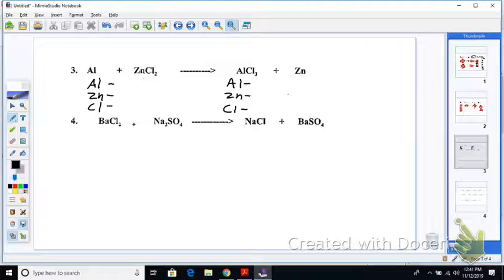So on the left side you've got 1, 1, 2, and on the right side what do you have? 1, 1, 3. Okay, so what will happen a lot of times, you'll get an even and odd count, 2 and 3. So if you get an even and odd count, what you have to do is make them both even.